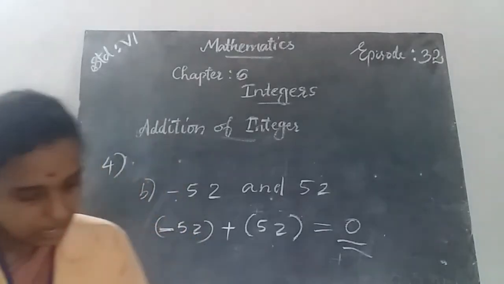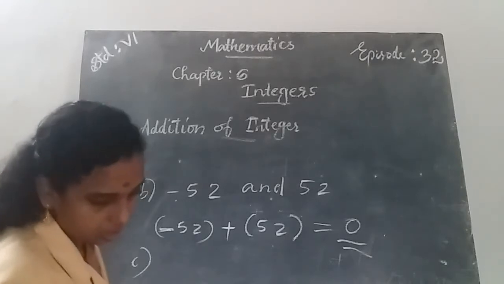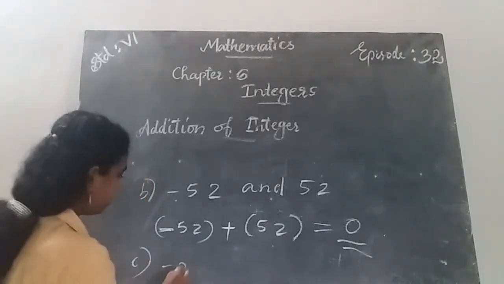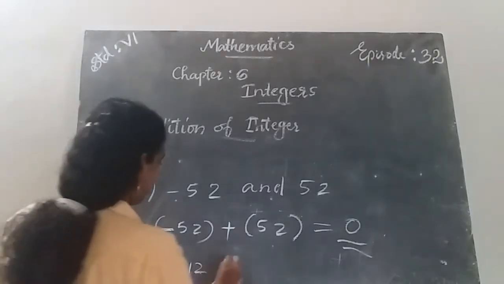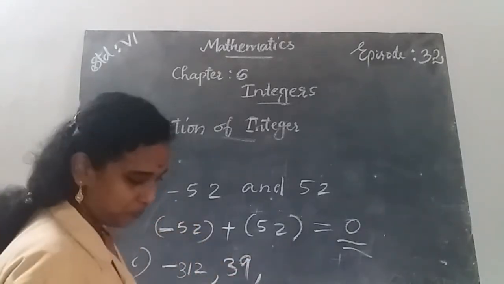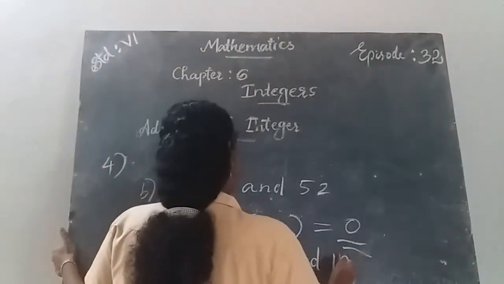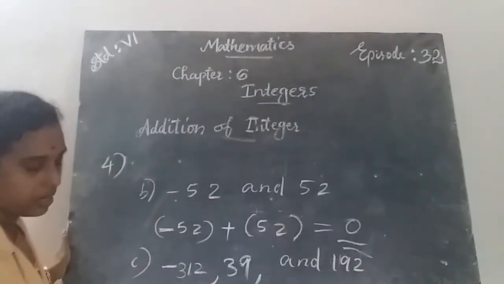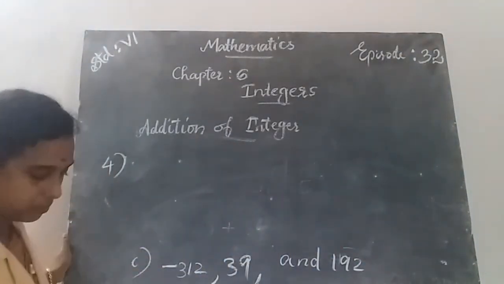Okay, then the next question is negative 312, 39 and 192. Here we want to find the sum of three numbers.